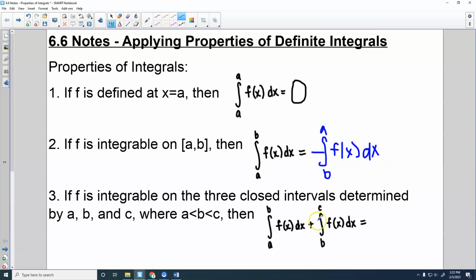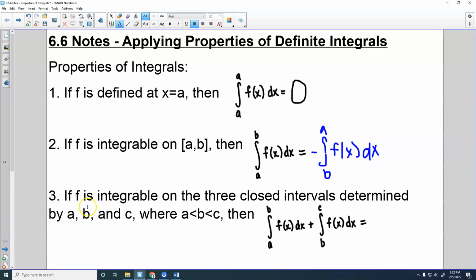I'm going to have the opposite sign. That's a negative right there. We saw that on that first graph that we looked at whenever our starting point was -1 and we went backwards to -2. We had to use the opposite sign there.